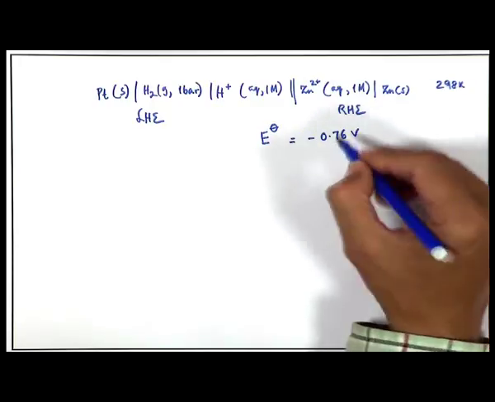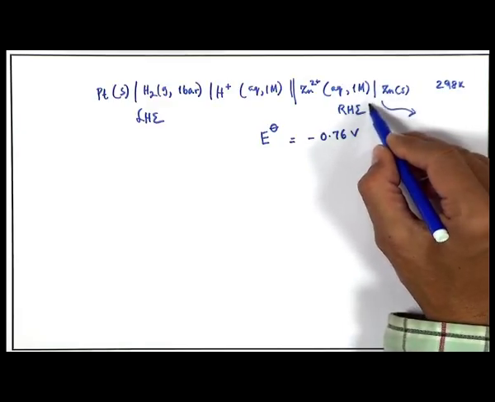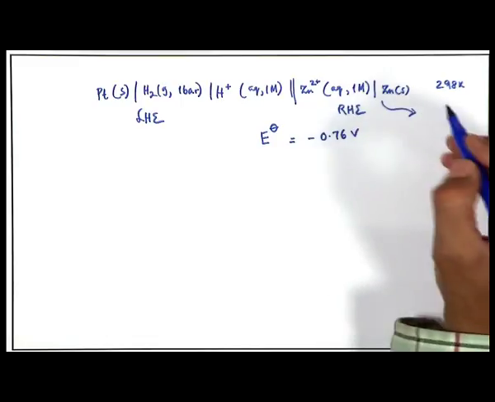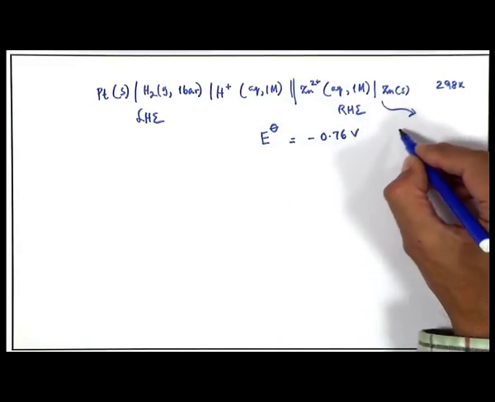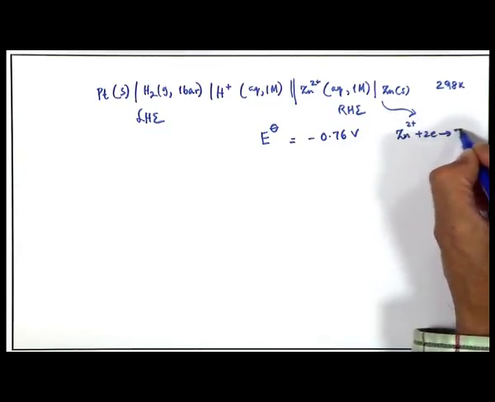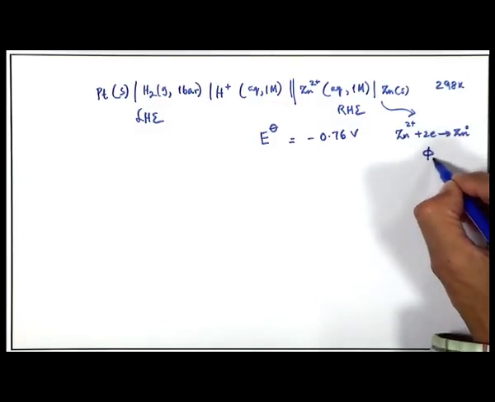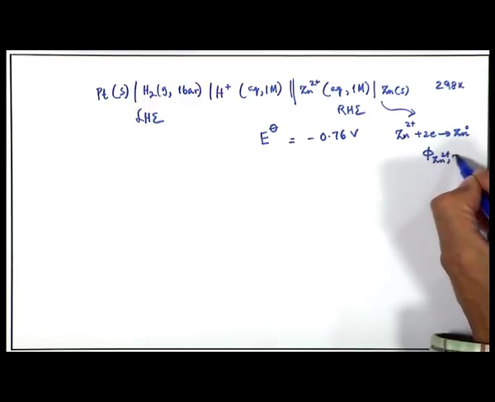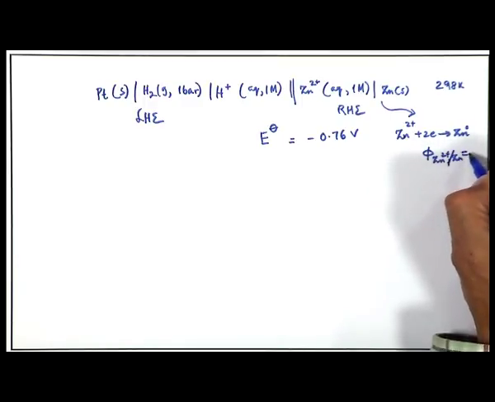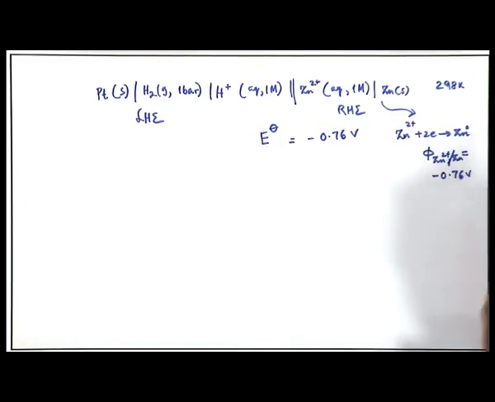So, that means the half cell potential for this particular reaction, zinc 2+ plus 2 electrons gives zinc, is phi equal to minus 0.76 volt. So, what is the message?